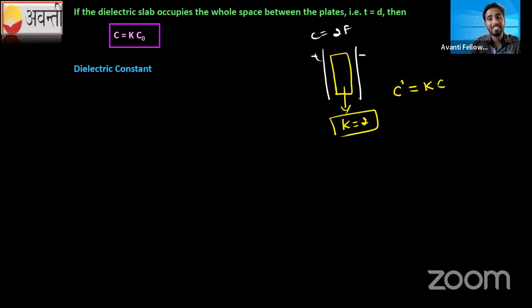K value is 2, initial capacitance was 2 farad, so now it becomes 4 farad. Capacitance is increasing, right? The value of capacitance will be increased by putting a dielectric slab between our two capacitor plates.